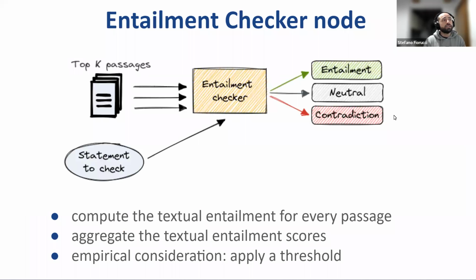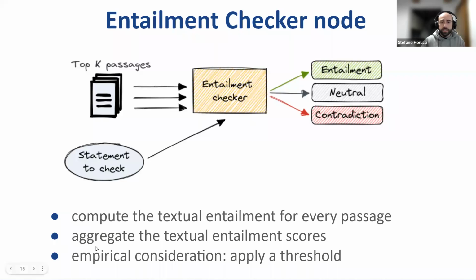What happens in this new node called Entailment Checker? First, we compute the textual entailment between each text passage as a premise and the user statement as a hypothesis using a natural language inference model. And for every text passage, we have 3 scores, summing to 1, about entailment, contradiction, and neutral.